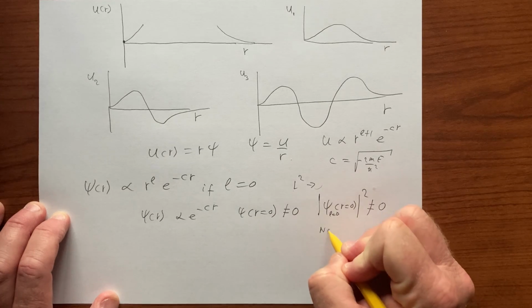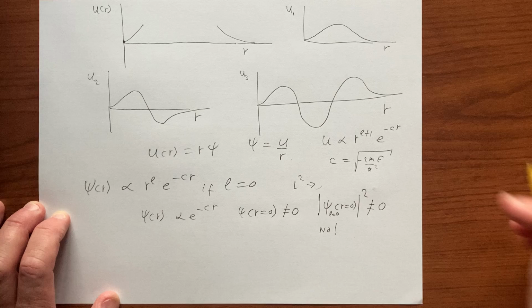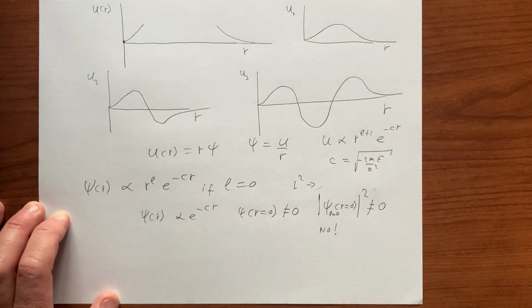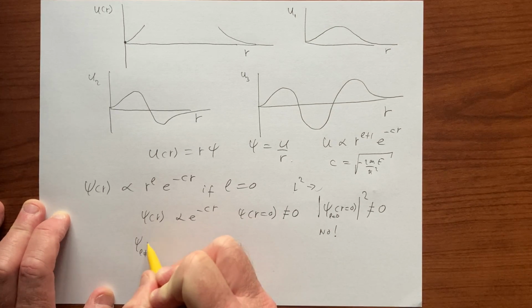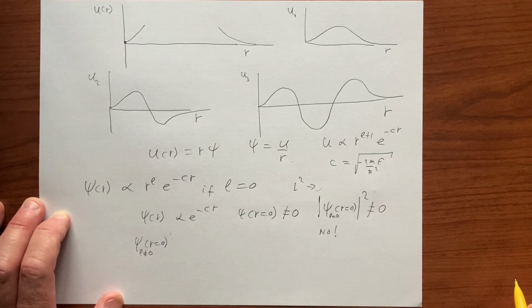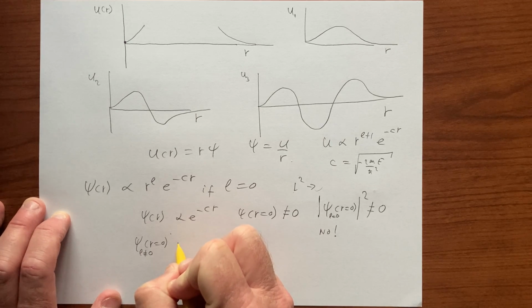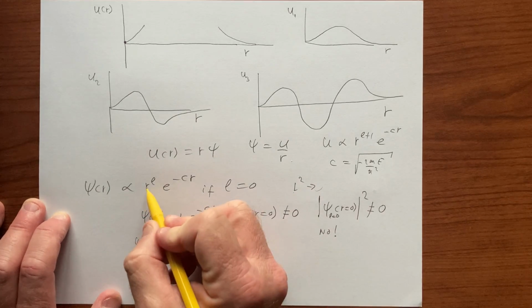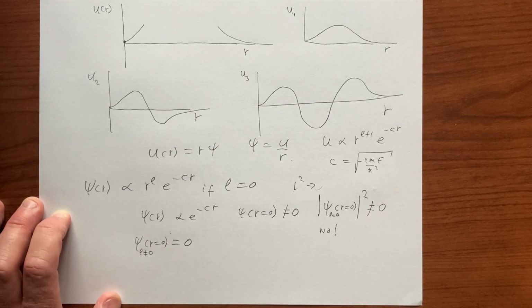And the answer to that is no, but there's a little more subtlety because we have to integrate this thing over all of space, and we'll get something proportional to r when we do that. So we want to be careful there. But it's clear that if l is not equal to 0, then psi at r equals 0 is equal to 0, because then we have an r to the 1, 2, whatever it is, that goes to 0.